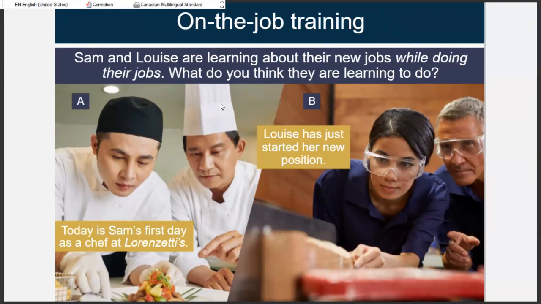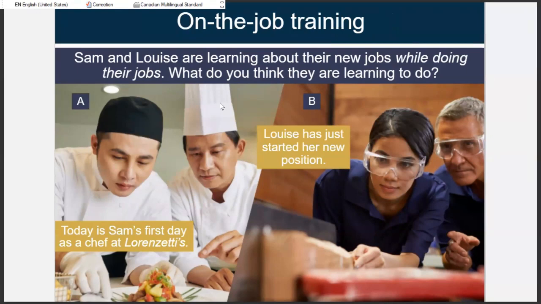The same thing with Louise. She is new in the position, so she's learning how to do some carpentry, all about the wood. Probably she's modeling some floors, it's just a hypothetical explanation from the picture.